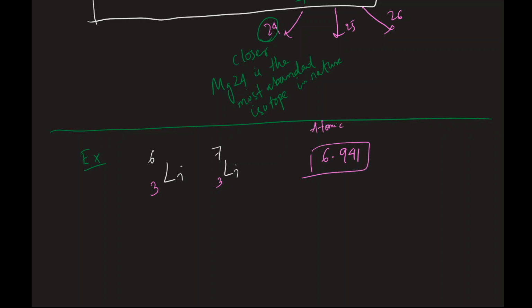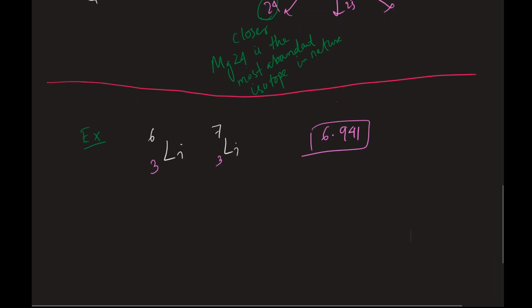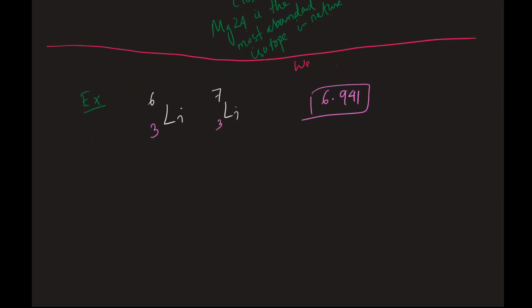Usually the periodic table shows the weighted average atomic mass. You can call it atomic mass, or if you want to call it by its full name, that's fine: weighted average atomic mass. When you look at this and the periodic table gives us a number that is 6.941, can you tell me which one is the most abundant isotope?